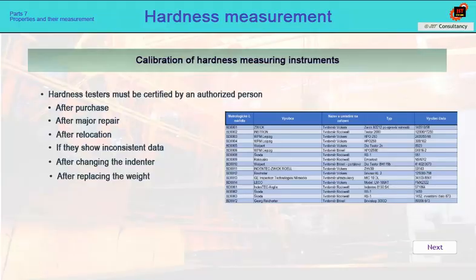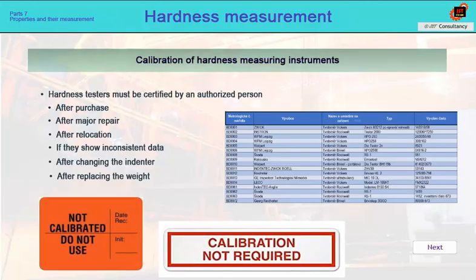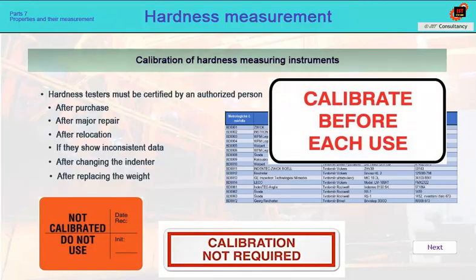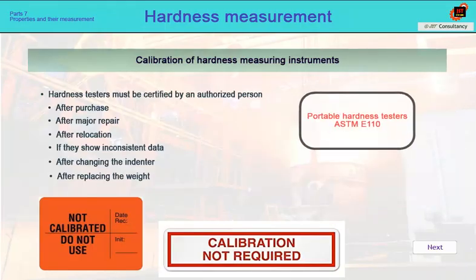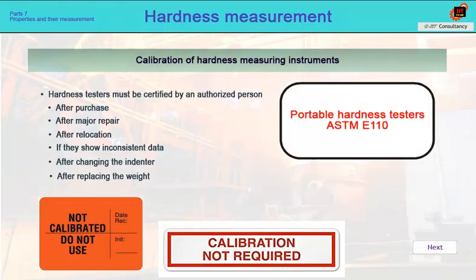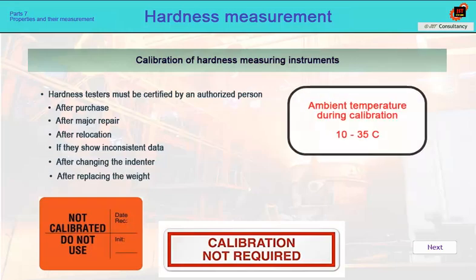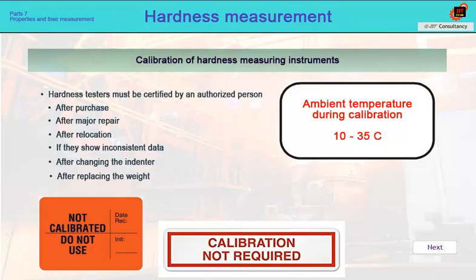Each instrument must be clearly identifiable, and an unfit hardness tester must be marked and secured. Portable hardness testers must comply with ASTM E110. Calibration of the instrument in an uncontrolled temperature environment should be carried out at temperatures between 10 and 35 degrees Celsius, or it should be declared that measurements outside this temperature range do not affect the result.